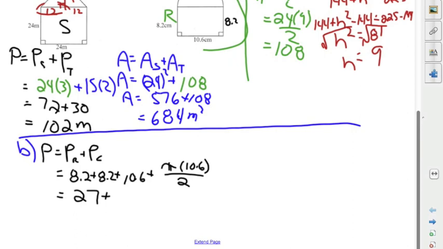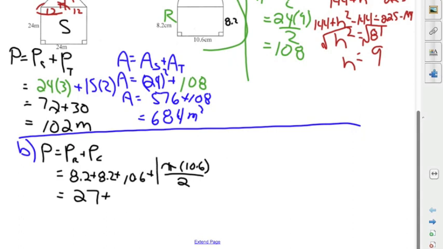Pi times diameter. Equals 16.6. Did you add the 27 to that? Oh, that's the area, I think. 16.642 is the answer.